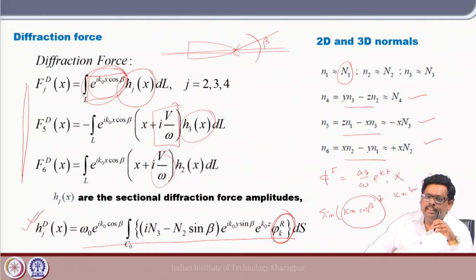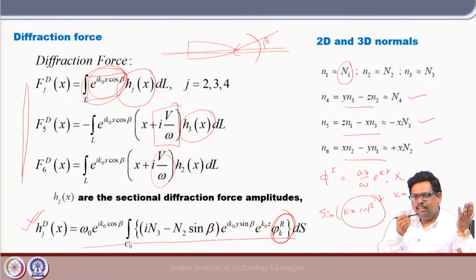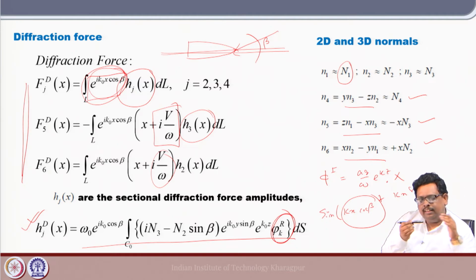The idea is a matter of perception. Suppose you think this way: the wave stands still and the body is pushing back, then it is a radiation force, is it not? Radiation force is when water stands still and we just oscillate the body. In diffraction the body is still and the wave is hitting.